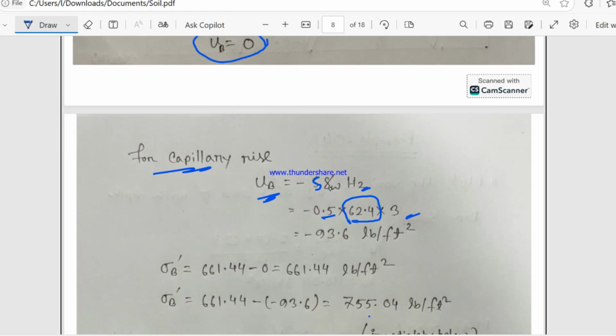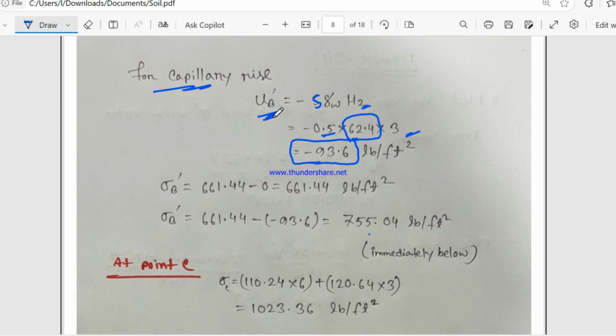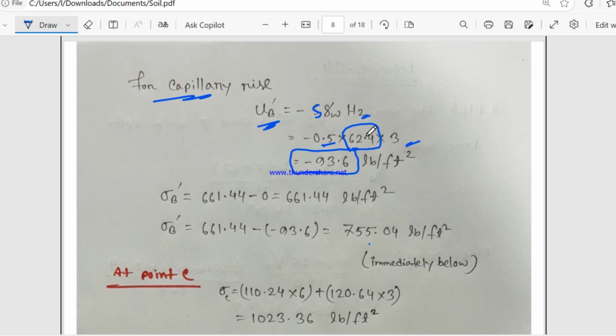The value will be minus 93.6 pound per feet square. This is for capillary rise.